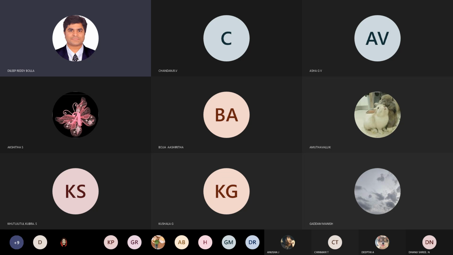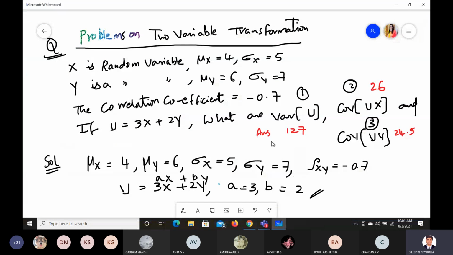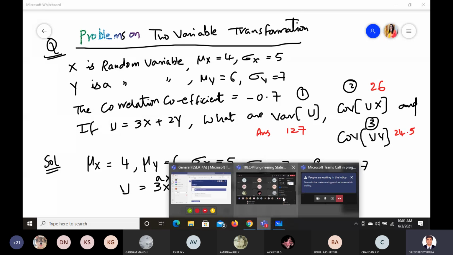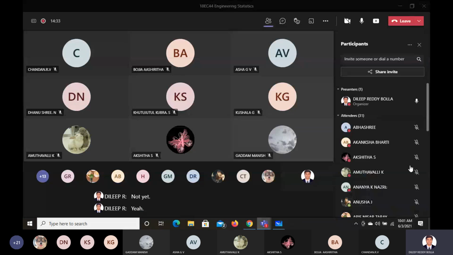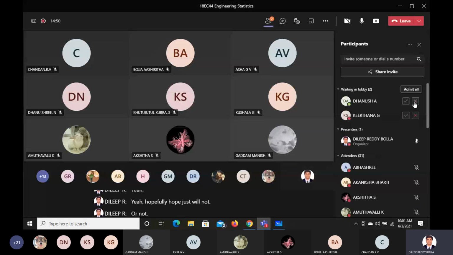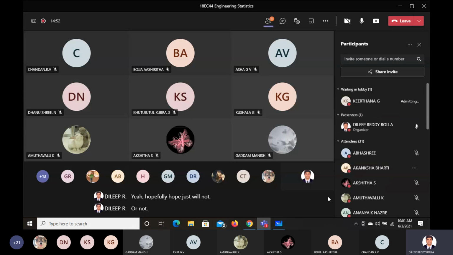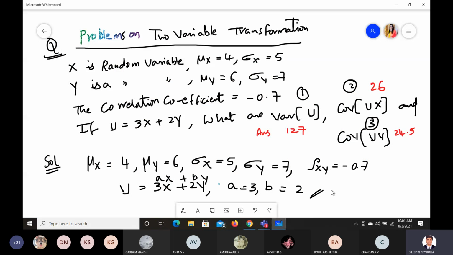Yeah, hope it is visible now. Yes. So this is the problem that I have told you to solve. Have you solved it or not? So yes or no?